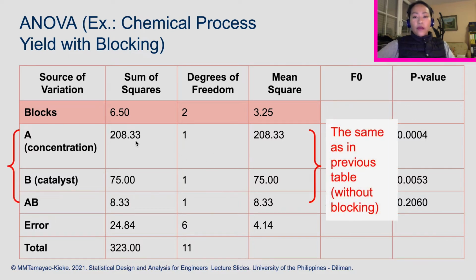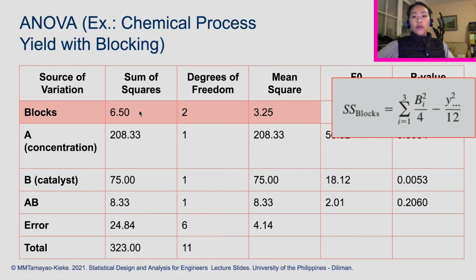Now note that the main effects and the interaction effect, the values for these are actually the same as in the previous table, as if there is no blocking. The only values that varied here are actually that for the blocks and the error.